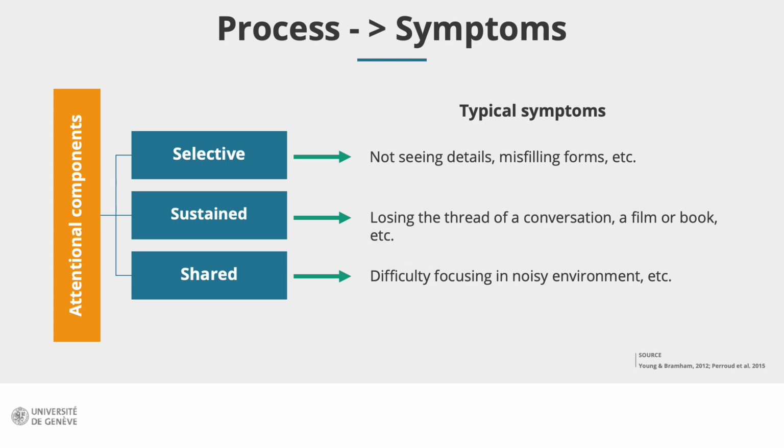If I have difficulties in sustaining my attention, then perhaps in a conversation I might kind of lose the plot. I might have difficulty in concentrating on a movie for the whole time. Okay? And then if I have issues with divided attention, if this division is not robust enough, I am likely to get distracted by external noise that is going to put me off task.